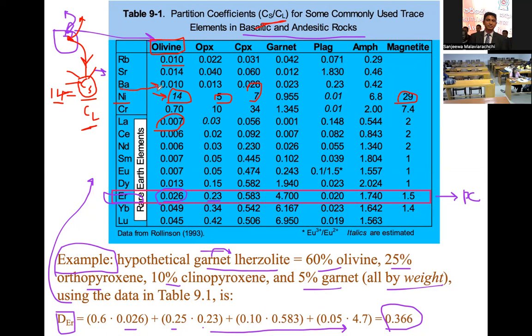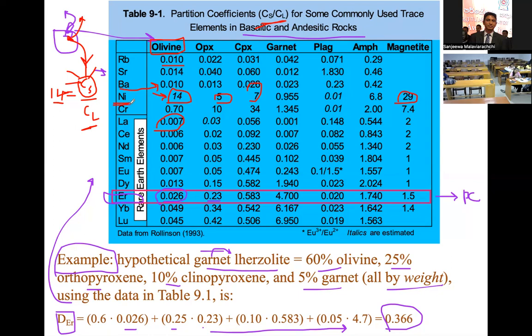That means barium is not preferentially partitioned into olivine. So how can you interpret this phenomenon? Nickel is compatible in olivine, right? Nickel is compatible in olivine.